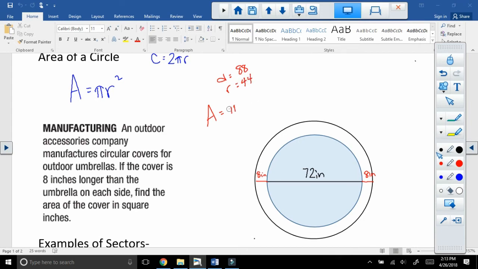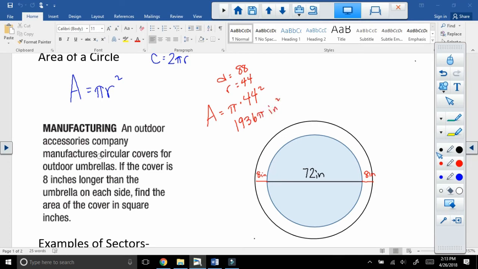So area is pi times the radius squared. We usually get pretty big numbers for these. Don't be surprised by the big numbers. It's because we're squaring something, so we're going to get something pretty large. I would not probably leave this one in exact form, but if you did, it'd be 1,936 pi square inches.